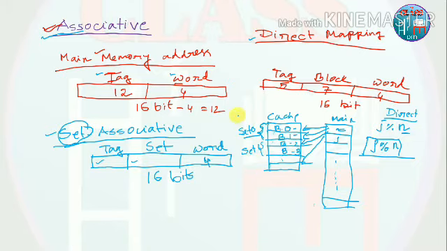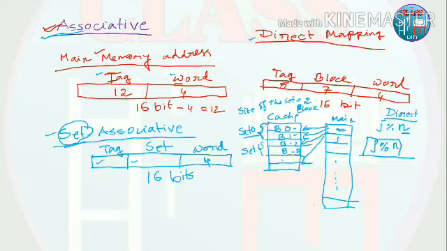So what is the size of the set? Here the size of the set equals 2 blocks. It may change. This size may be 4 blocks, 8 blocks. The size will depend on your particular problem.